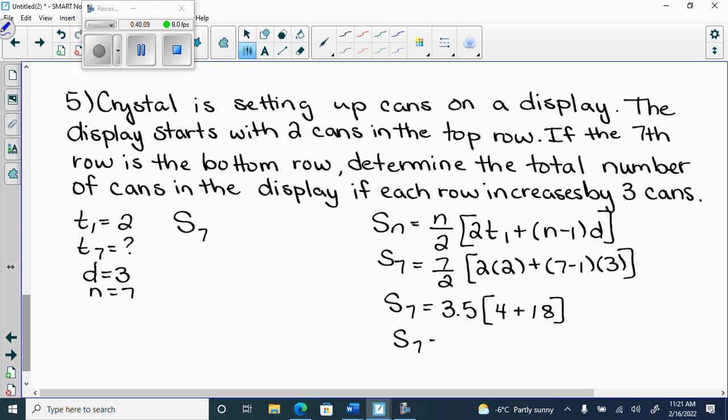So S7 equals 3.5 times 22, which is 77. And if it's a word problem and it's in the written response, you'd say there are a total of 77 cans in the entirety of the display, from the first row to the 7th row, whatever you want, right?